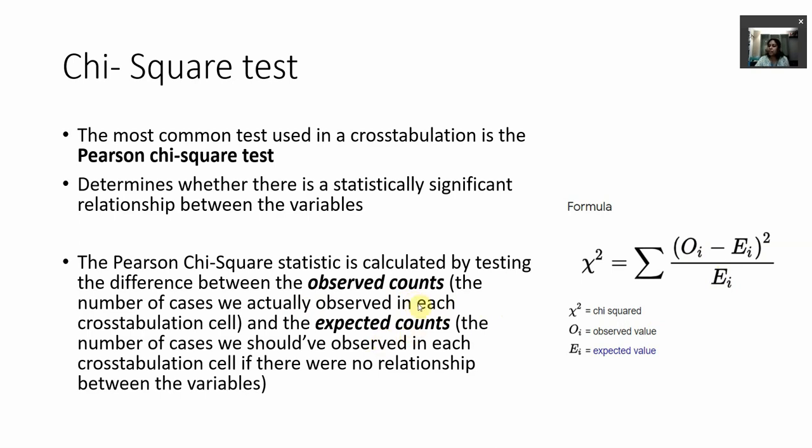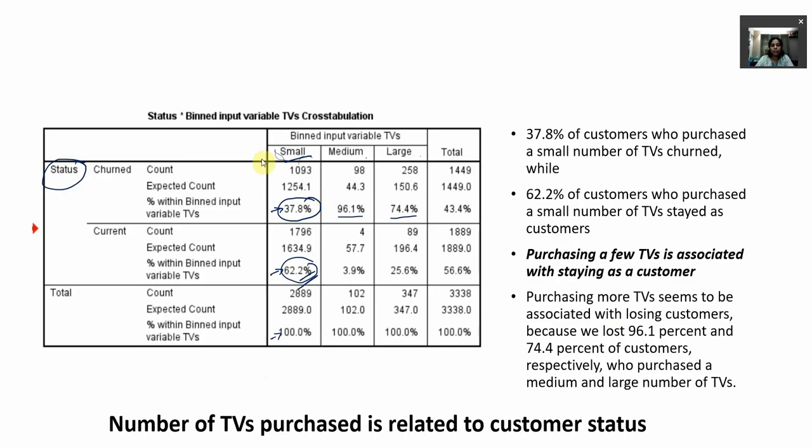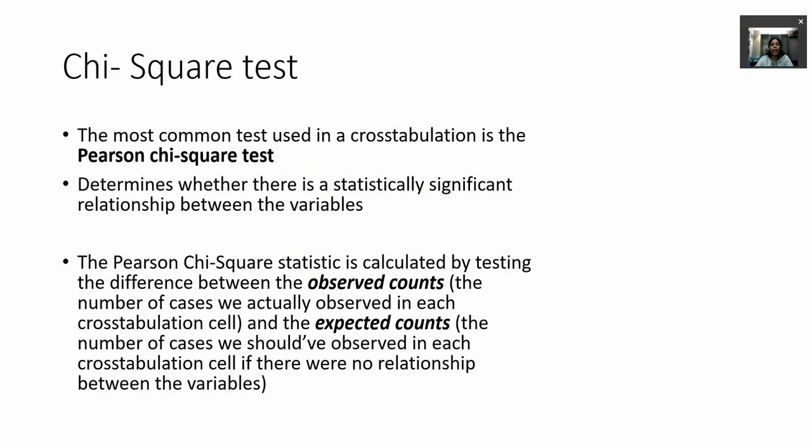So what are the observed counts? It is the number of cases we actually observe in each cross tabulation cell. The values that you see over here, 1093, 98, 58, these are your observed counts. And the expected counts are the number of cases we should have observed in each cross tabulation cell if there were no relationship between these two variables.